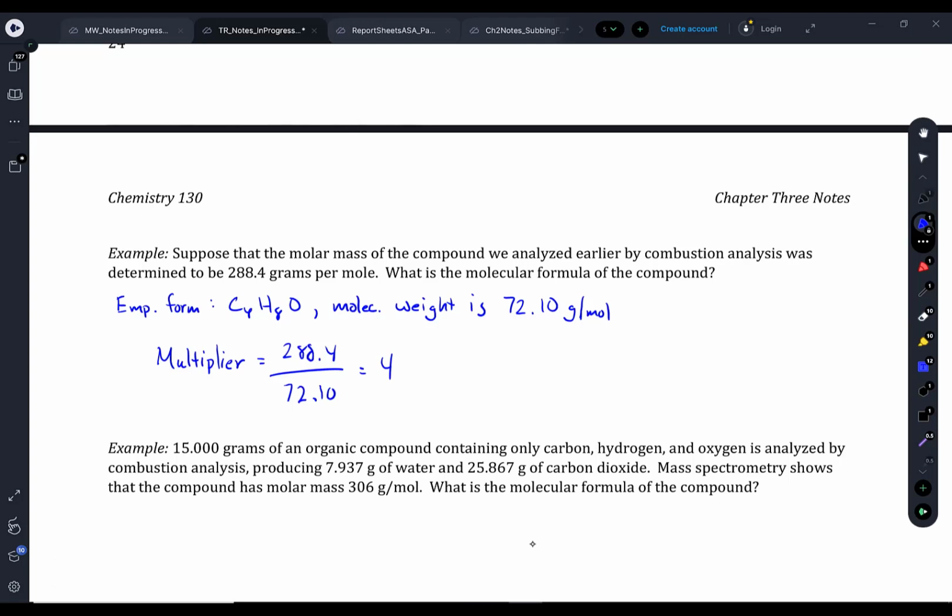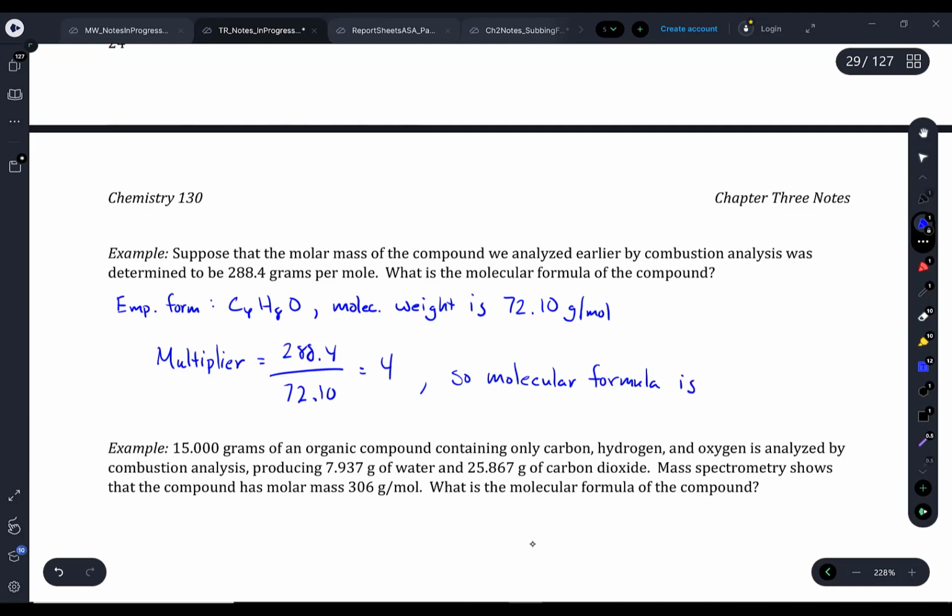So this means the molecular formula is C4H8, so 4 times 4 is 16.